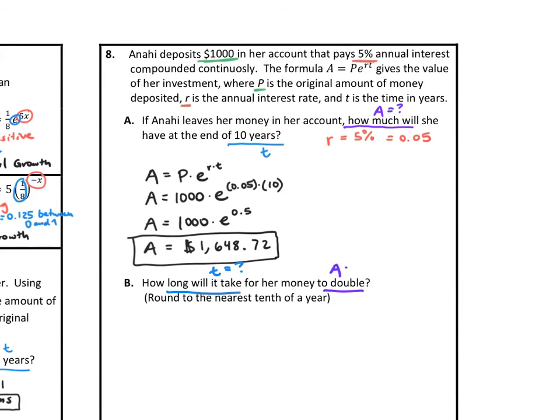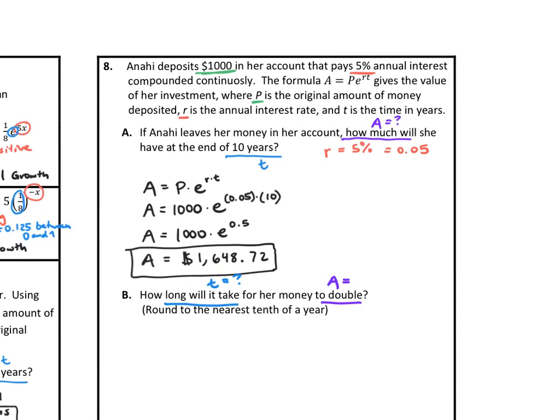So let's think about this for a little bit. If we're saying that her money's going to double, how much did she start off with? If we look at the top of the page, it said that she deposited $1,000.